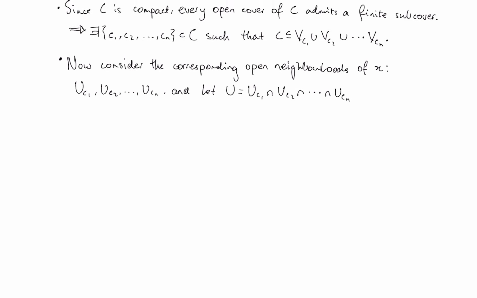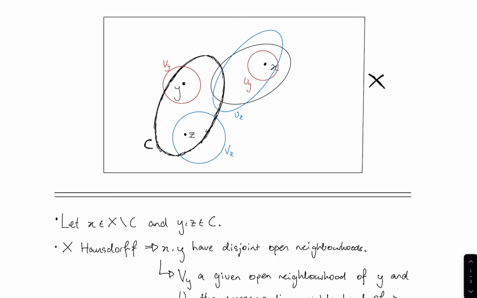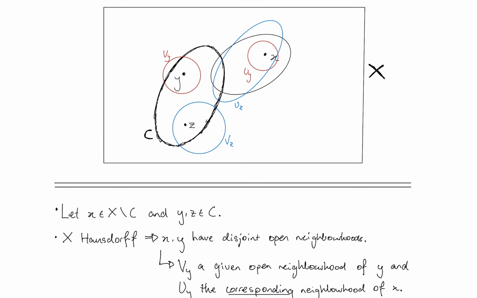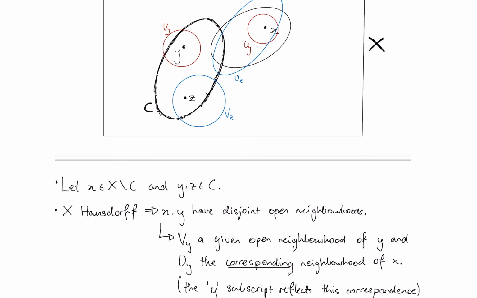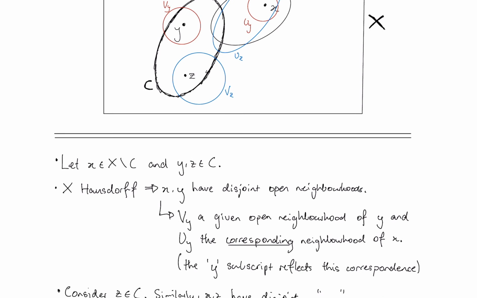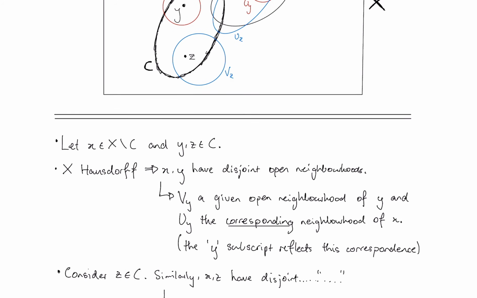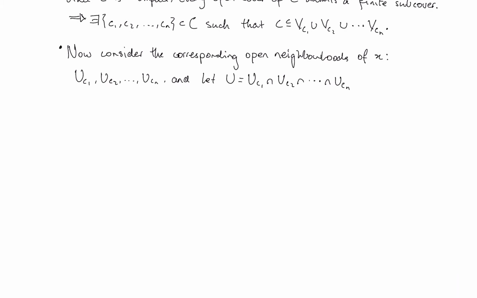So you can imagine what's happening. We're taking points in our space C, and we're making pairs between the point in our set C with the point in the complement, drawing open neighborhoods around them, making sure that they're disjoint, and taking a finite intersection of these open neighborhoods. So we've just defined this set U.